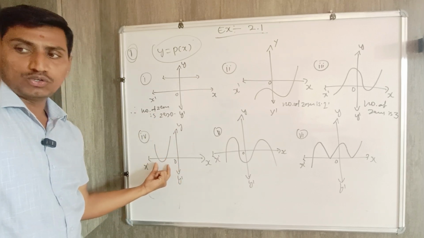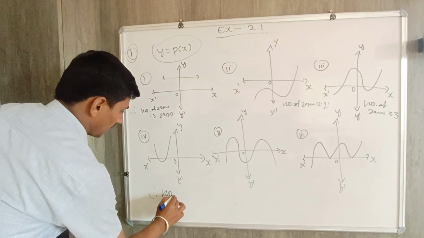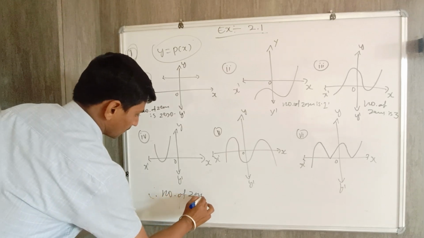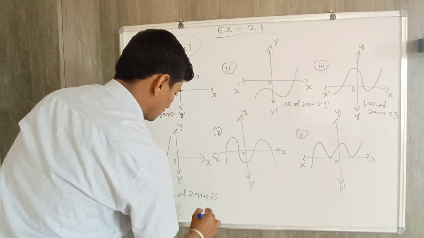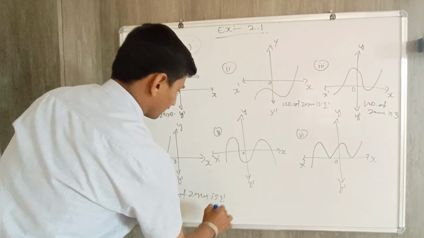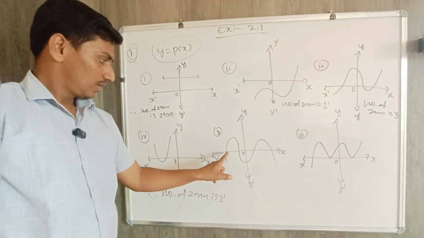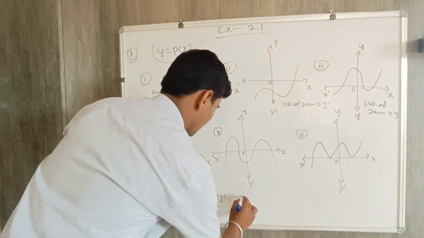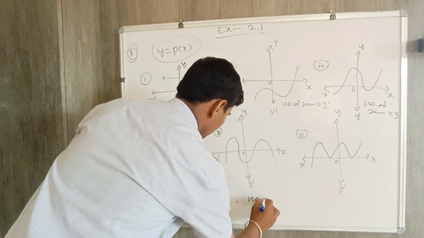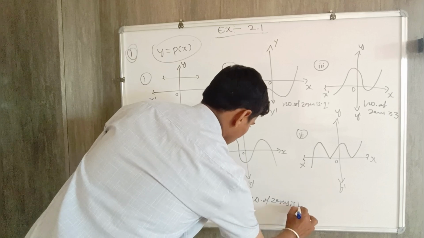Here 2 zeros are intersecting, so the number of zeros is 2. Next, it is a polynomial where 4 points are intersecting: 1, 2, 3, 4. So the number of zeros is 4.